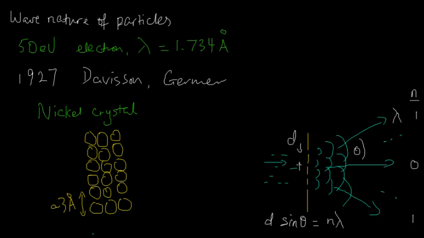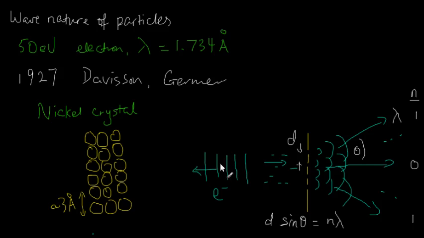Well, suppose that we shoot a beam of electrons at this, and suppose that the beam of electrons is a wave. So we shoot this electron, lots of electrons perhaps, at the surface.